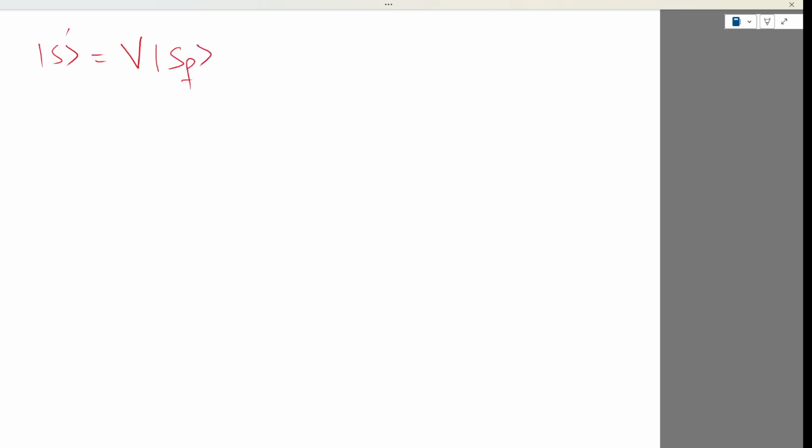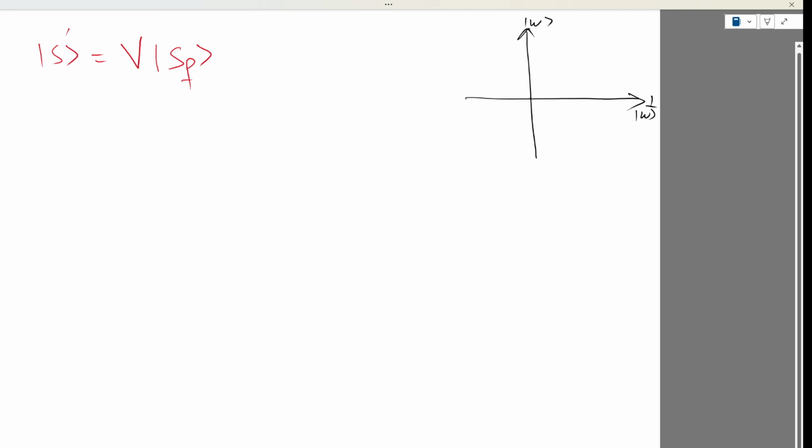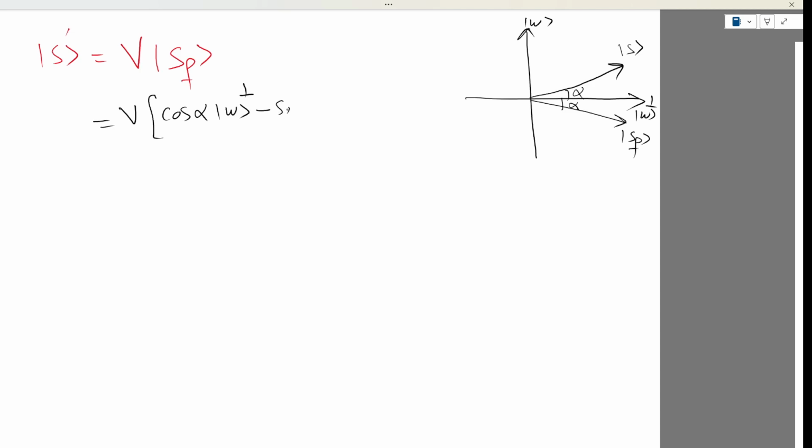And just to recall, in the W perpendicular W plane, state S was here making angle alpha, and state SF was here making angle alpha on the negative side. So this V operator is operating on the state cosine alpha W perpendicular minus sine alpha W.